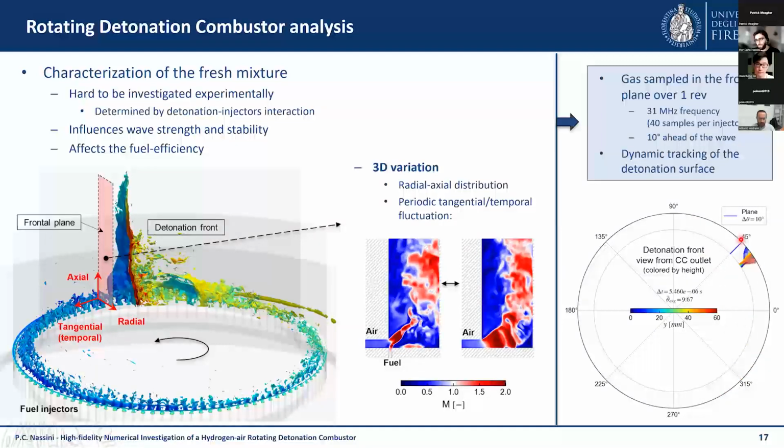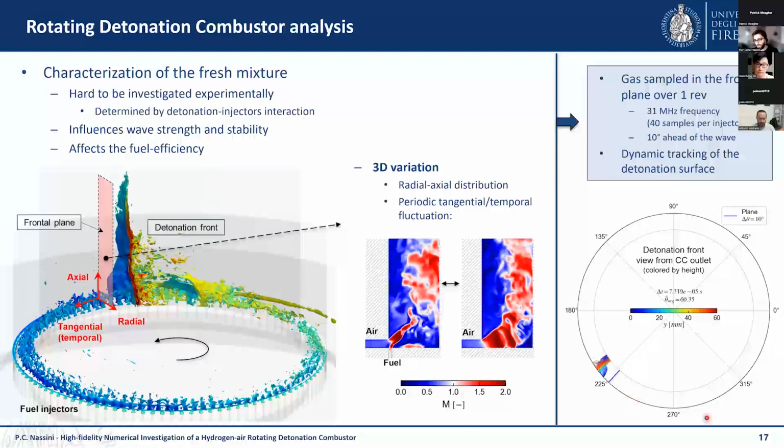And we are sampling the gas state in this line, this blue line, consistently 10 degrees ahead of the front. In parallel, I will show you the results later, we are also tracking the detonation front surface so that we can place our sampling plane 10 degrees after the barycenter of our detonation front.